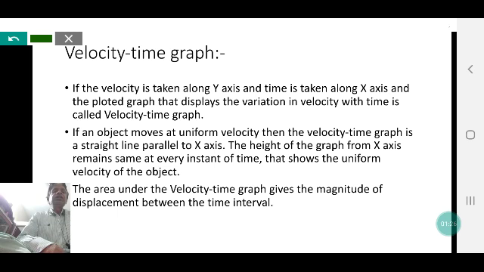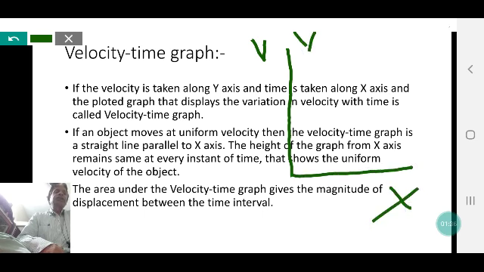Here, the velocity is taken on the y-axis and time is taken on the x-axis. The plotted graph that displays the variation of velocity with respect to time is known as the velocity time graph. This line is the velocity time graph.